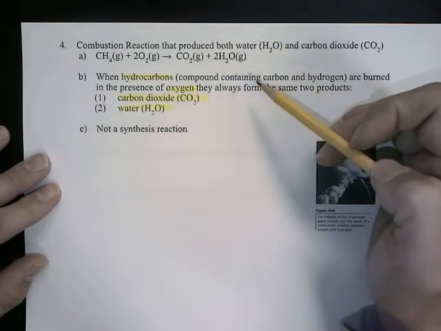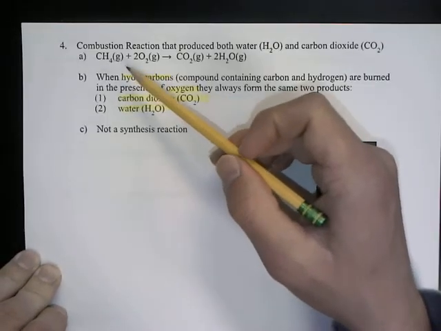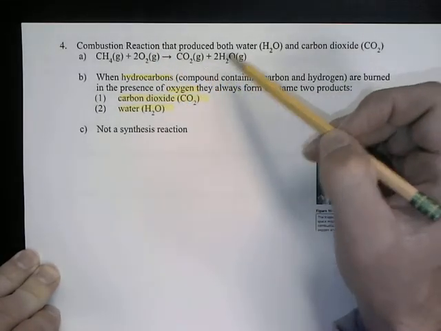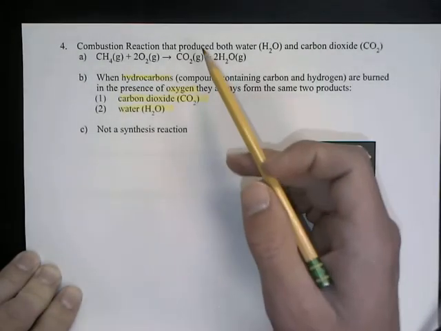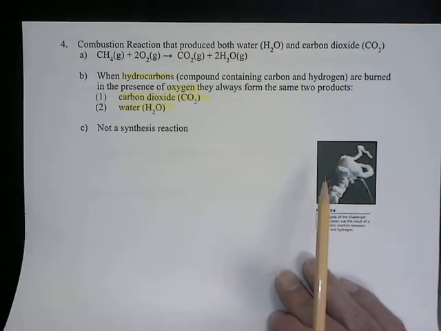Again, that's very important: when you have a hydrocarbon react with oxygen, you're going to produce CO2 and H2O. Only with a hydrocarbon. Now this is not a synthesis reaction because we have 2 products on the right hand side.